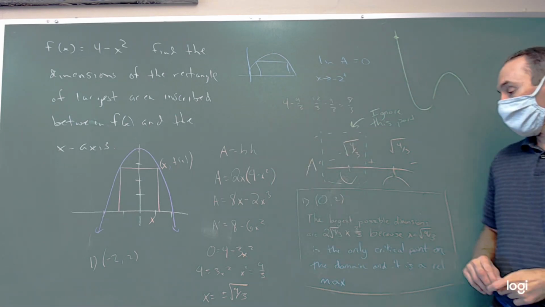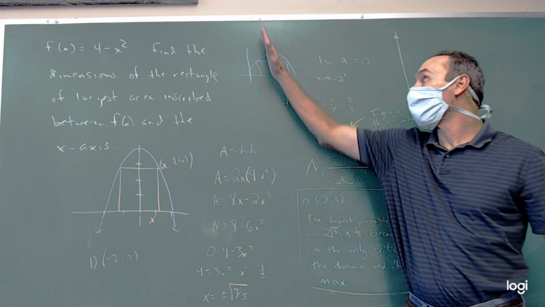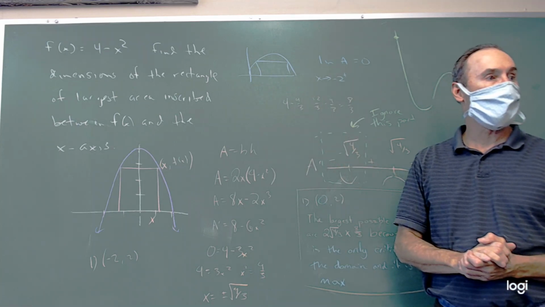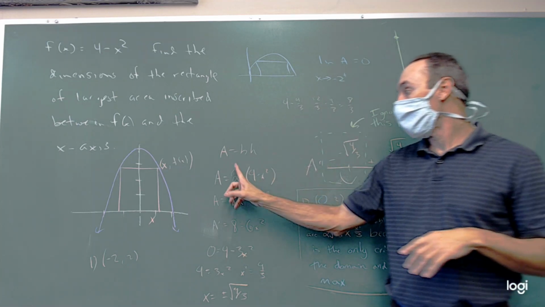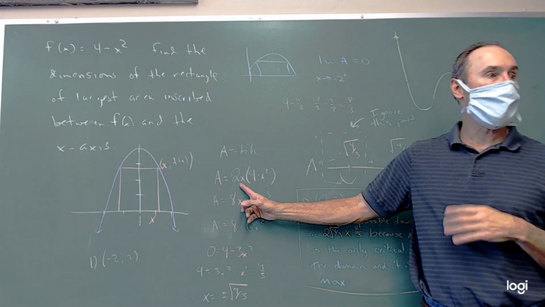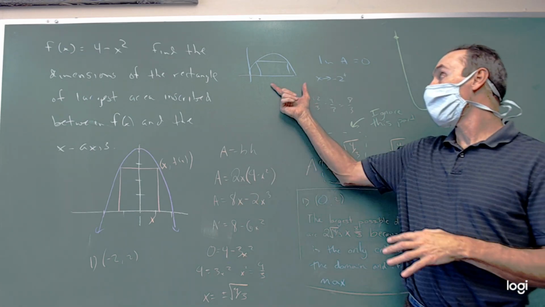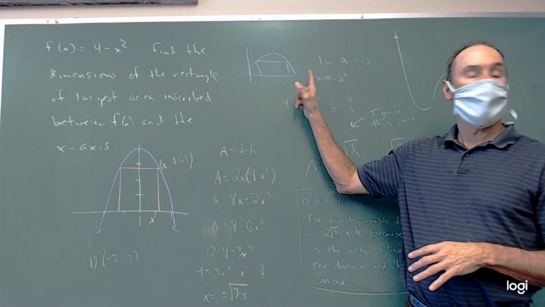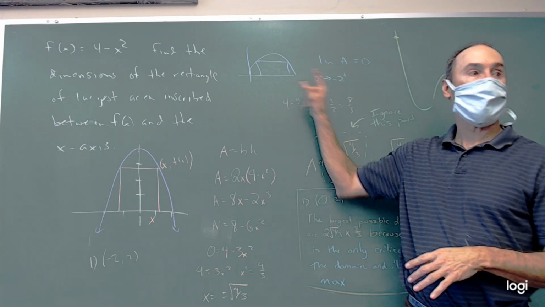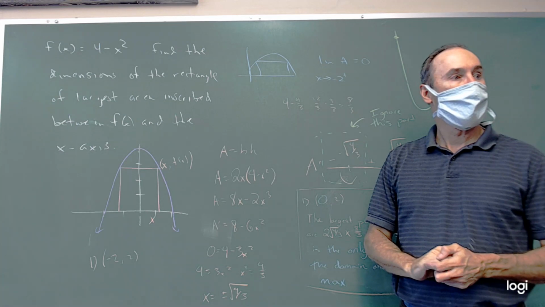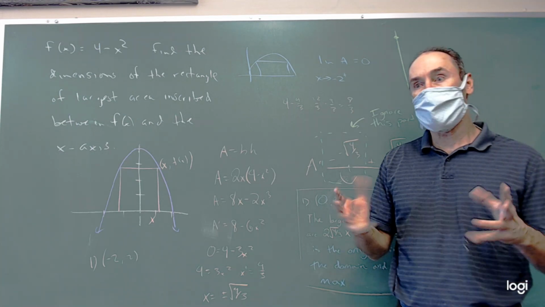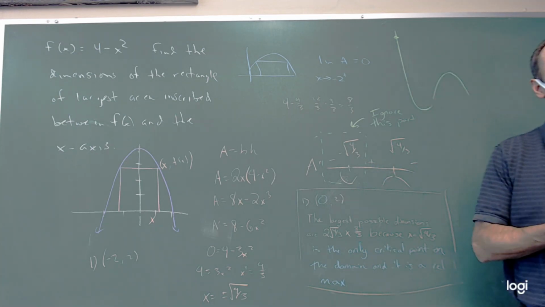And so now all of a sudden, because you're not symmetric around the y-axis, your dimension isn't going to be just a multiple of x. Gotcha. Okay. So like in this case, this would be x, and this would be like pi minus x. Cool. Okay, so there's symmetry, but not around the y-axis.